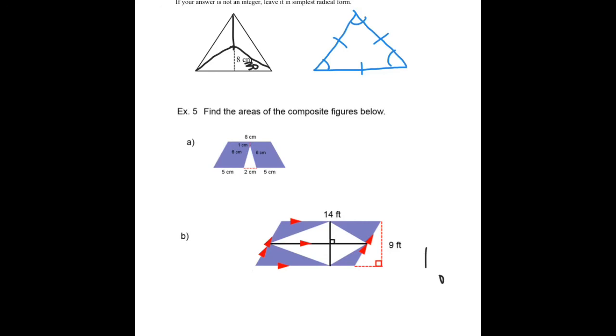If I were to draw a big circle around here, 360 divided by 3 is 120, but when I bisect this, this becomes 60. So this is really a 30, 60, 90.